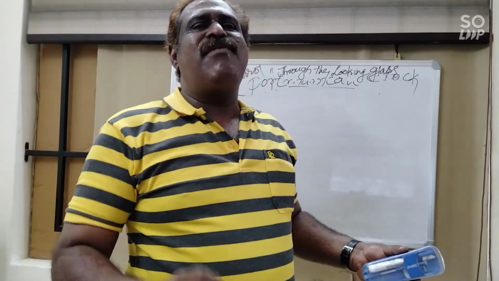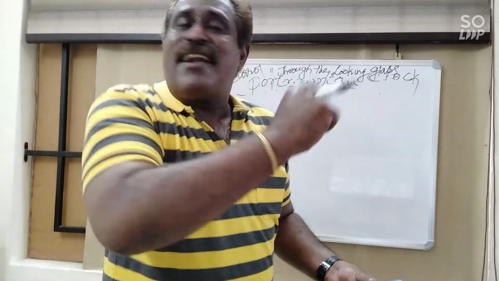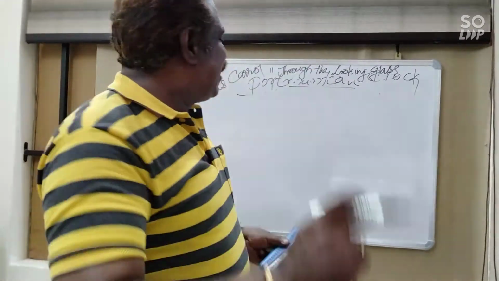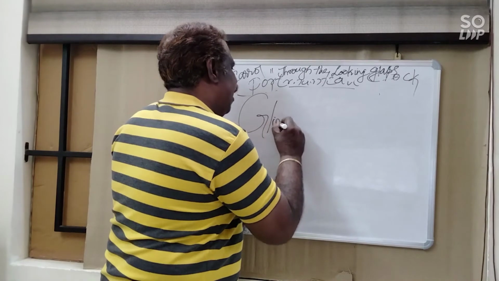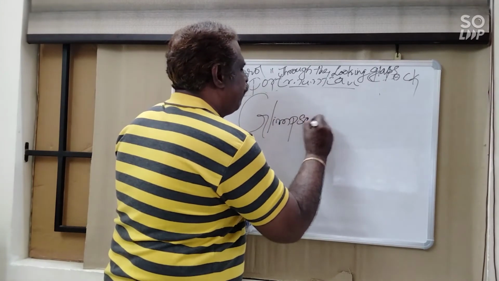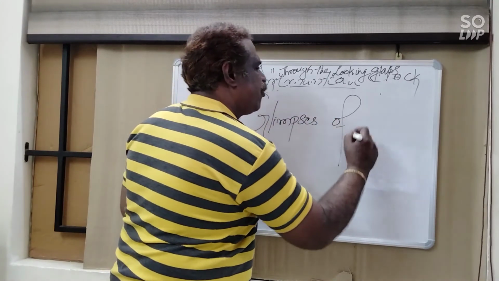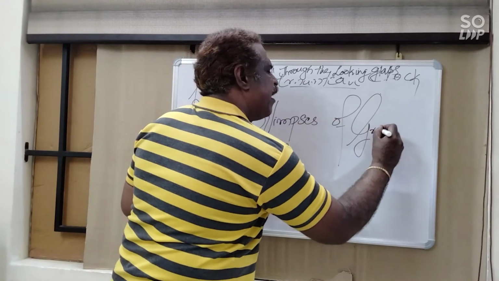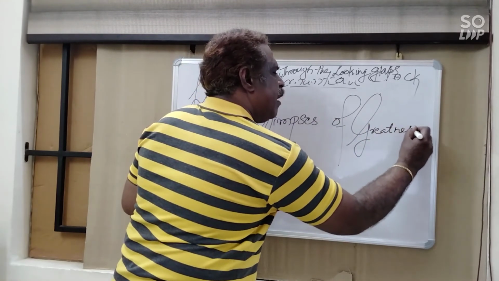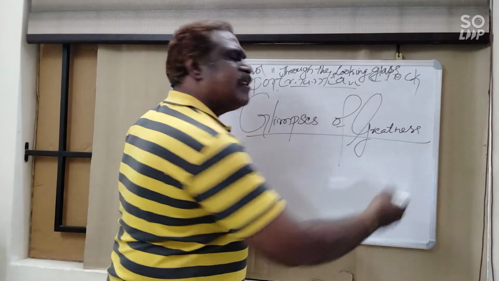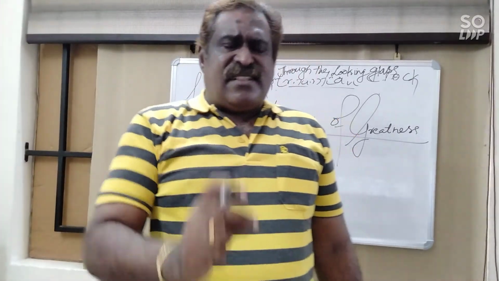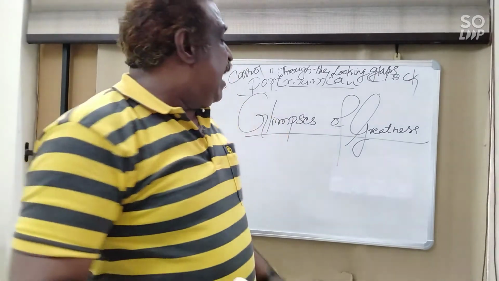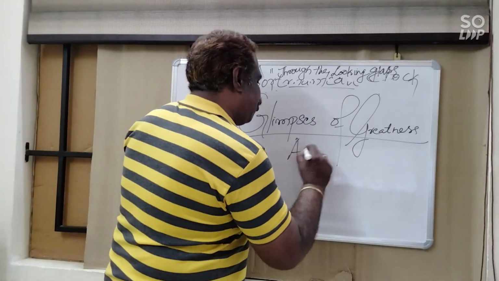Each and every student will have to go through the English textbook. The first unit is Glimpses of Greatness, and the first element is Abe's First Speech.